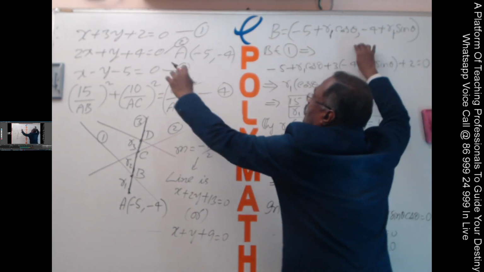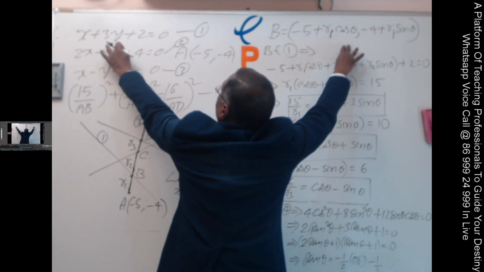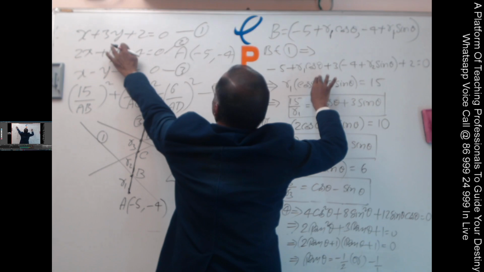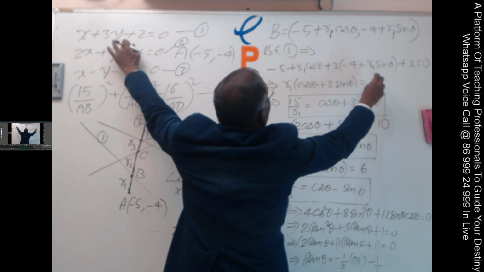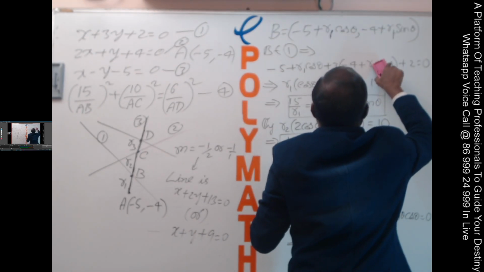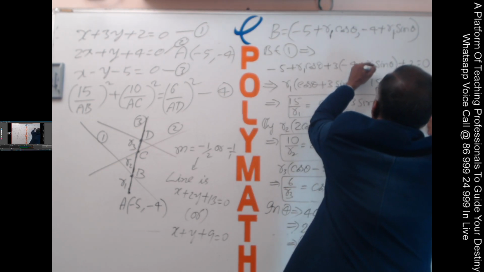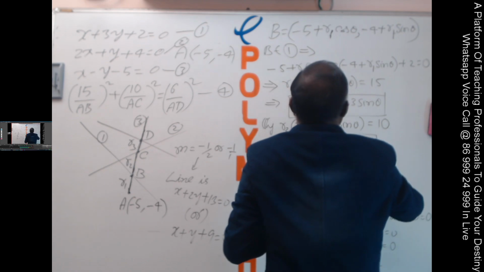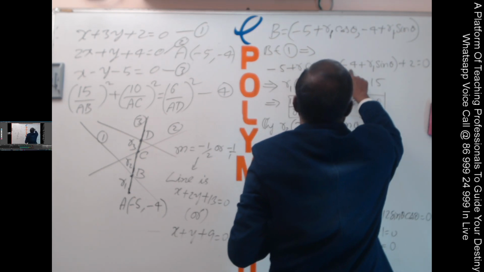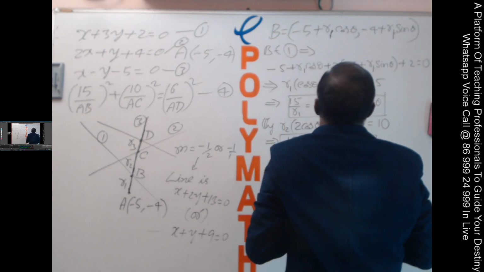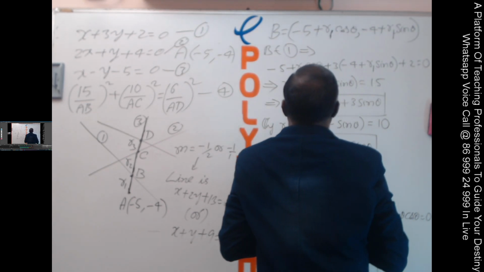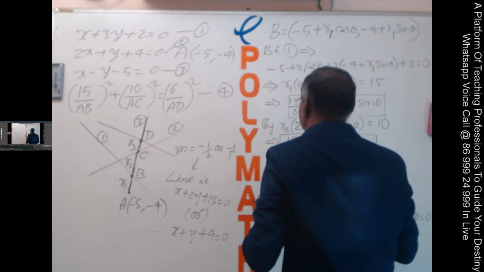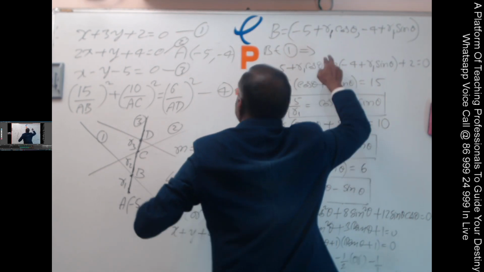Now if you substitute this point in this one, then it is minus 5 plus r1 cos theta plus 3 into minus 4 plus r1 sin theta. Now if you take r1 common, cos theta plus 3 sin theta, and it is minus 5 minus 12 minus 17 plus 2 is equal to minus 15. So 15 by r1 is cos theta plus 3 sin theta. That's perfectly right.